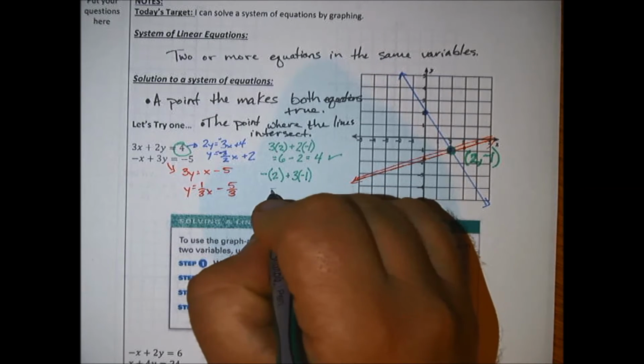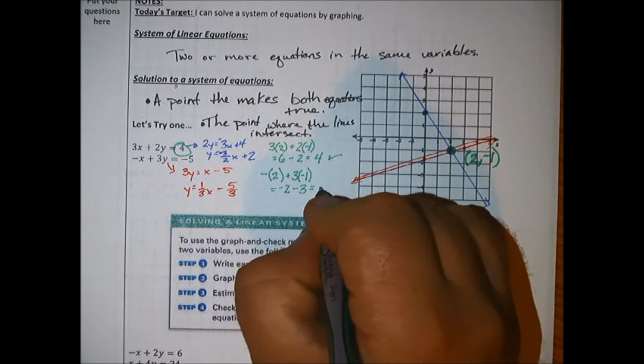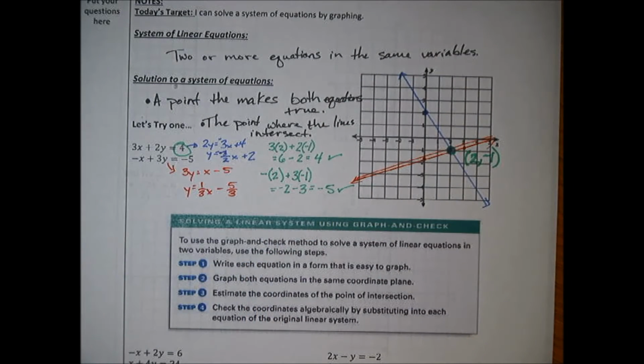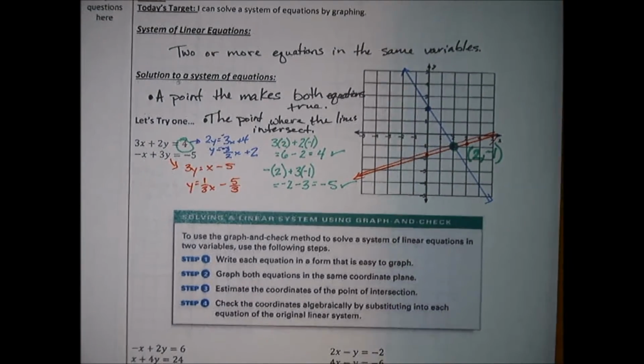That equals negative 2 plus a negative 3, so minus 3 equals negative 5. Hey, look at that. It worked. You have no idea the size of the sigh of relief I'm letting out right now, because that was the actual answer. The lines kind of looked like it, but it looked like it could be something else also. Anyways, that's what we're going to be doing.